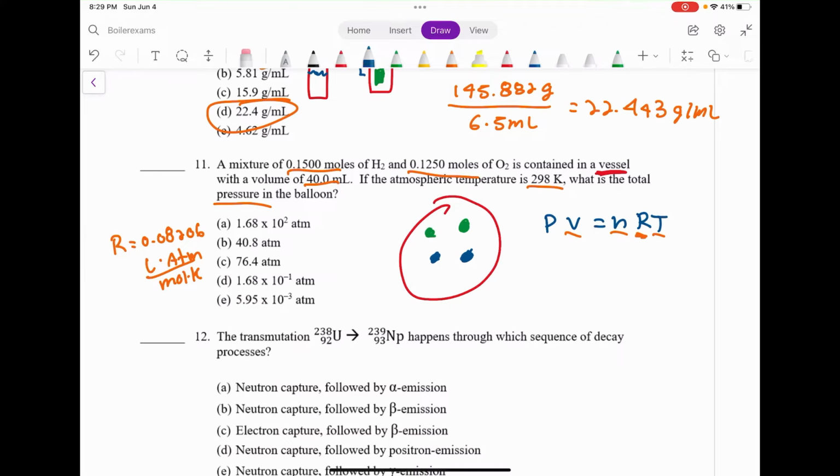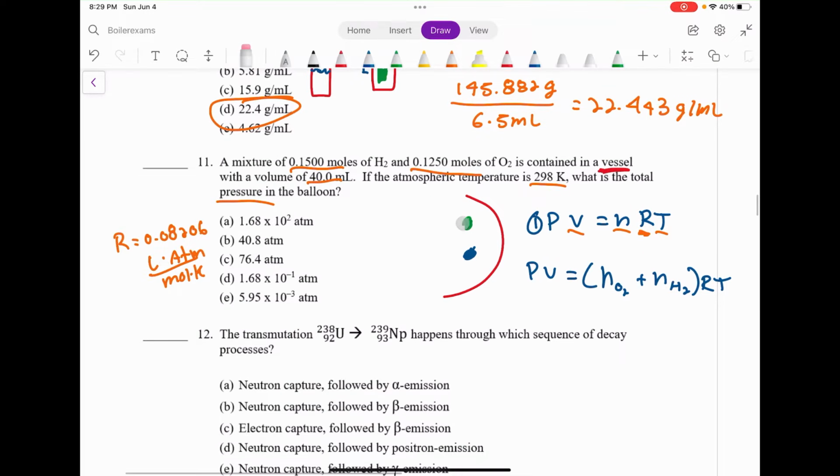We could do essentially like one and two ideal gas laws, one for each species, and then add them up. Or it is exactly the same if we just do this instead. If we do like number of moles of O2 plus number of moles of H2, it's going to come out to be exactly the same because none of the other variables are changing.